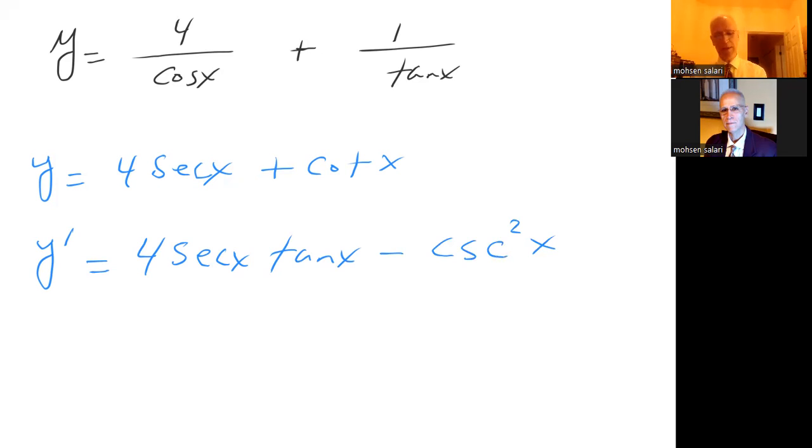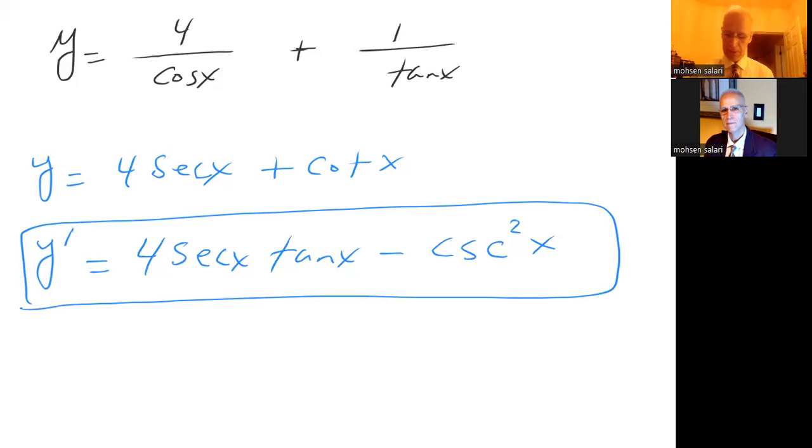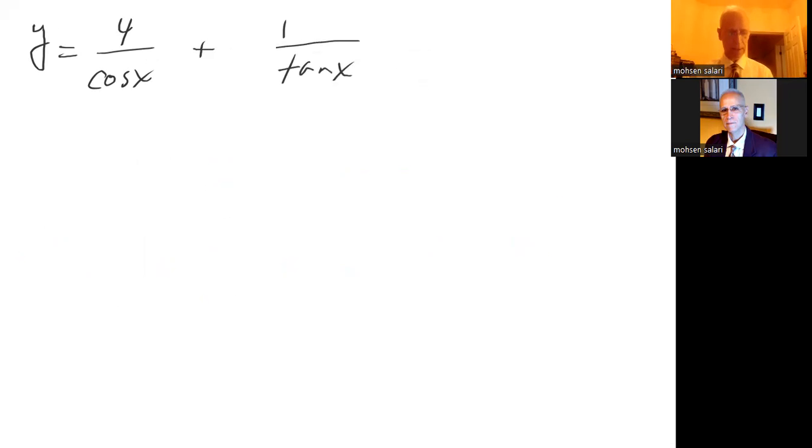Okay, but what if I didn't recognize this? And if I did use the quotient rule, would this give me the same answer? So let's keep this and go to the next page and just use the quotient rule, pretending that we didn't see the pattern. So y equals 4 over cosine of x plus 1 over tangent of x.